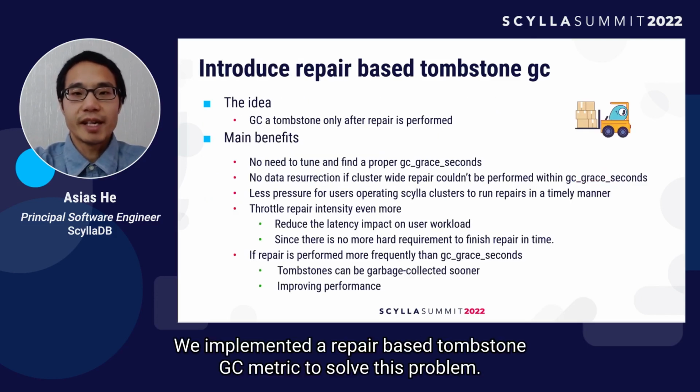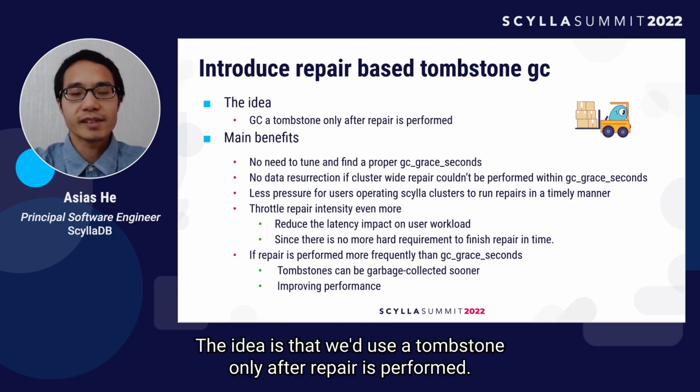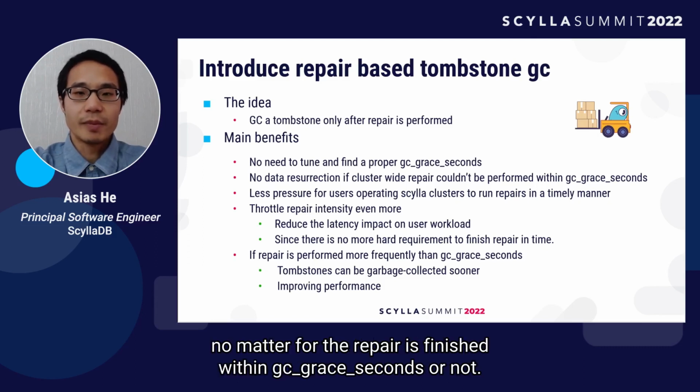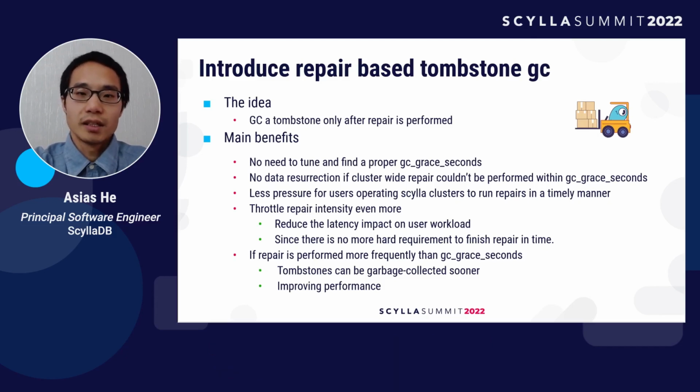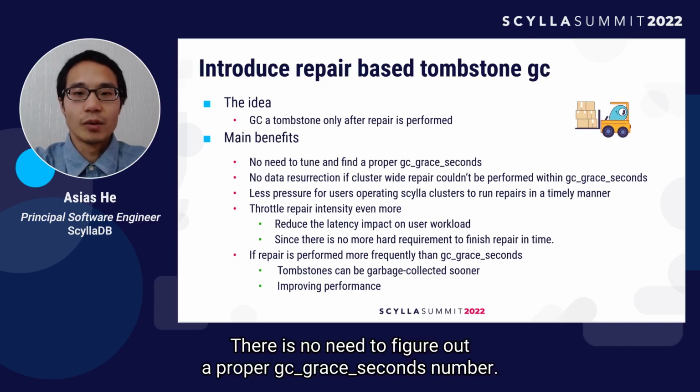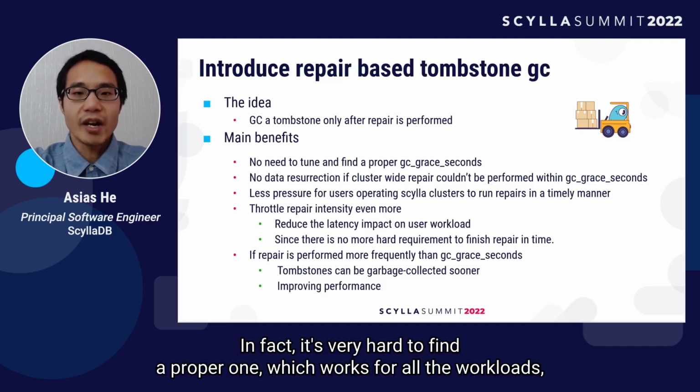We implemented the repair-based tombstone GC method to solve this problem. The idea is that we GC tombstones only after repair is performed. This guarantees that all replica nodes have the tombstones, no matter if the repair is finished within gc_grace_seconds or not. This brings multiple benefits. With this feature, there is no need to figure out a proper gc_grace_seconds number. In fact, it's very hard to find a proper one which works for all workloads.